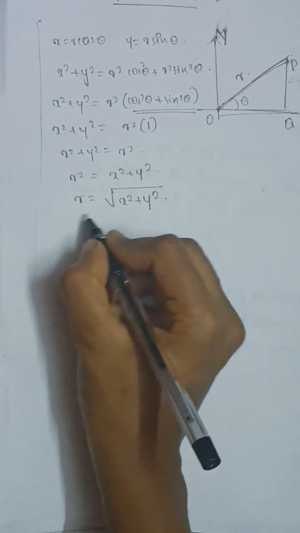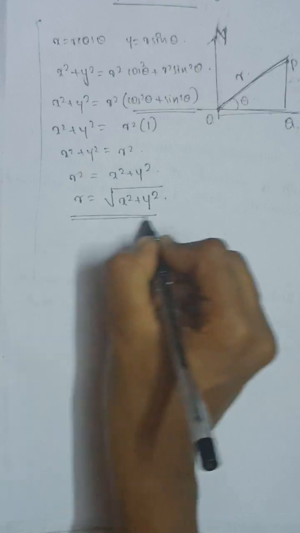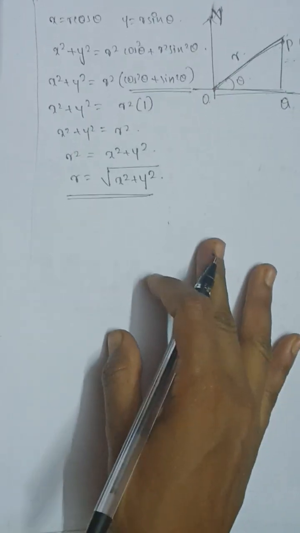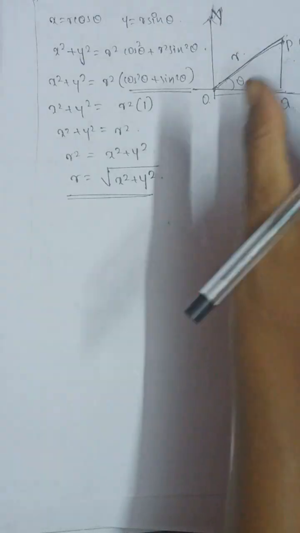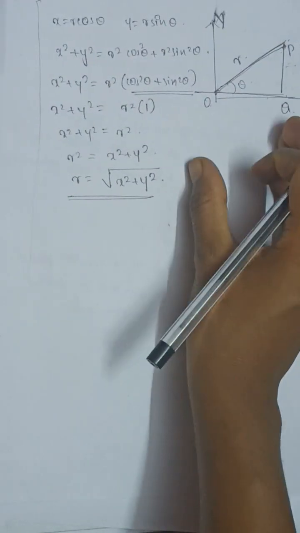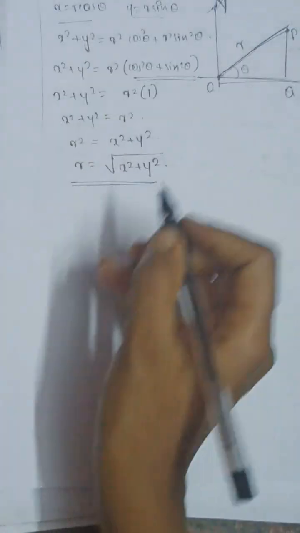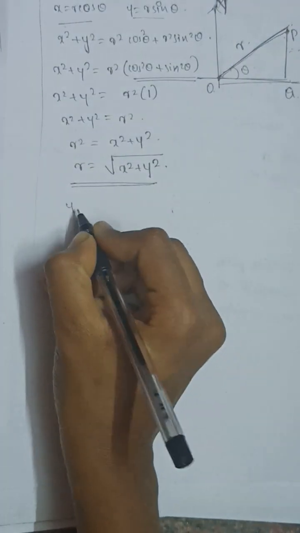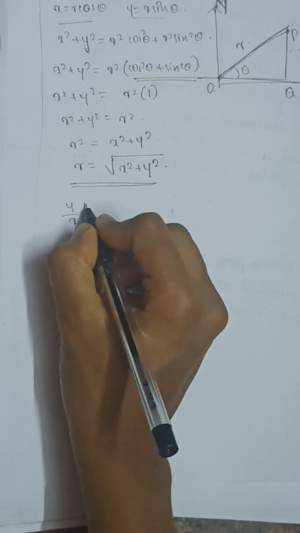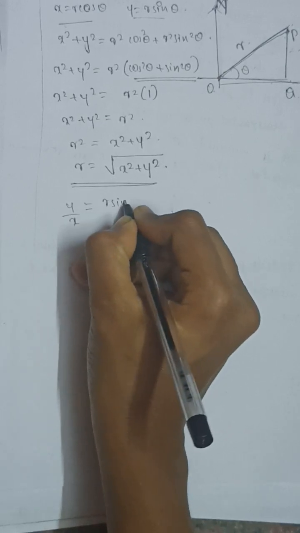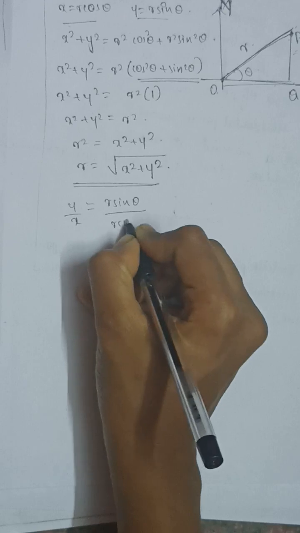We use this equation while converting the given equation from Cartesian curves to polar curves, or polar curves to Cartesian curves. From this triangle itself, by dividing these two equations, we obtain y by x equals r sin theta by r cos theta.